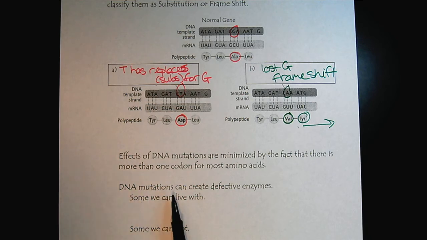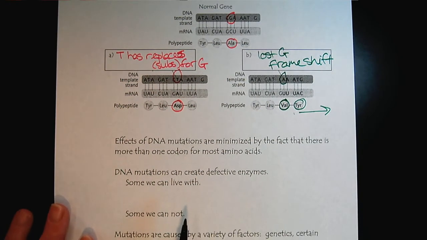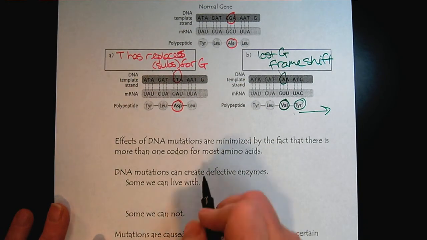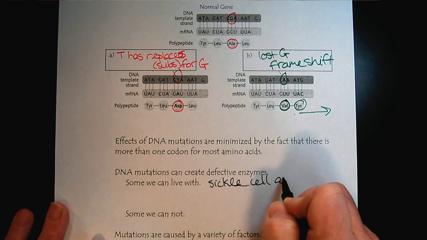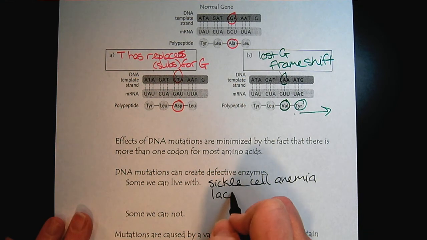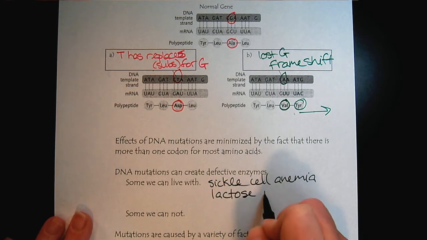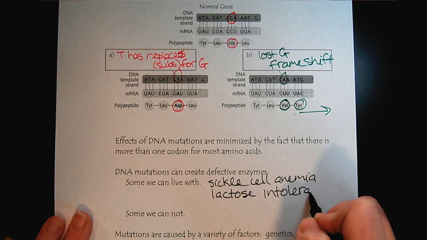So DNA mutations can create defective enzymes, and examples of mutations that we can live with are sickle cell anemia, or even people that are lactose intolerant, right? So people that are lactose intolerant don't have the enzyme to break down lactose.